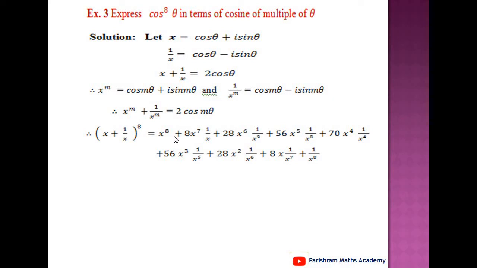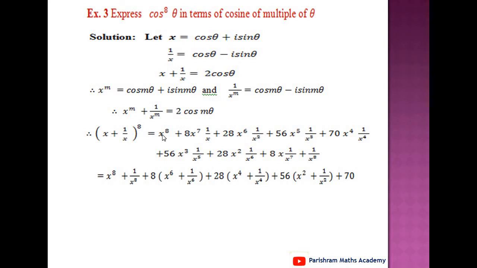First x raised to 8 plus 8 into x raised to 7 into 1 upon x plus 28 into x raised to 6 into 1 upon x square plus 56 into x raised to 5 into 1 upon x cube plus 70 x raised to 4 into 1 upon x raised to 4 plus 56 x cube into 1 upon x raised to 5 plus 28 x square into 1 upon x raised to 6 plus 8 into x into 1 upon x raised to 7 plus 1 upon x raised to 8. That is, the power of the first term decreases and the power of the second term increases, and coefficients are taken from the Pascal triangle. Then we can simplify it.